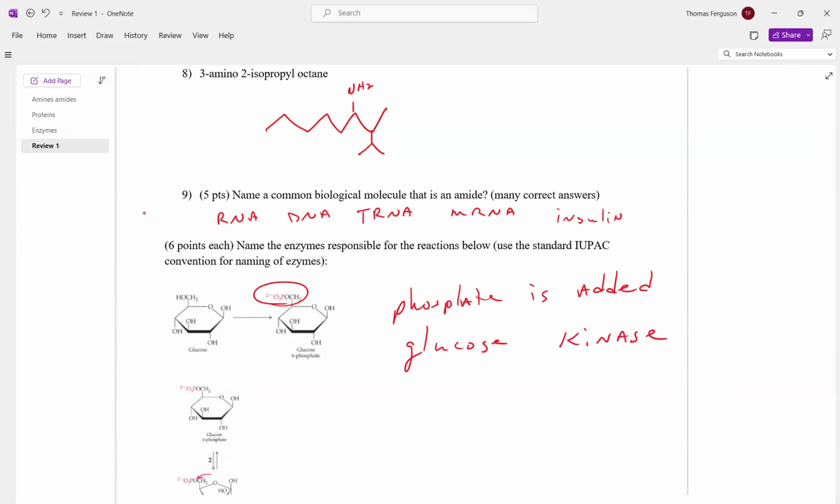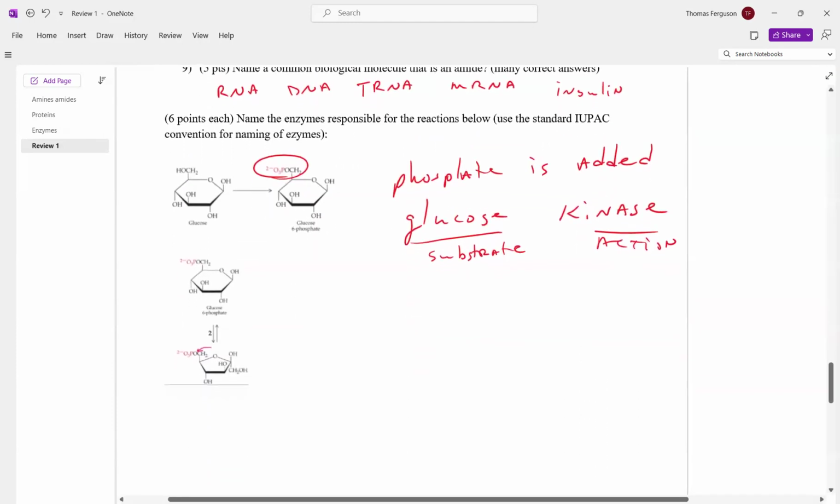Kinases put phosphate groups on molecules. This is the first step of glycolysis. You take glucose and it's phosphorylated so that it becomes glucose 6-phosphate. So what you do is you name the substrate and then the action. There's a presentation on this for Thursday that I couldn't find today.